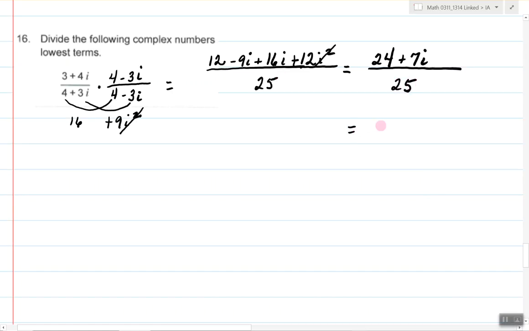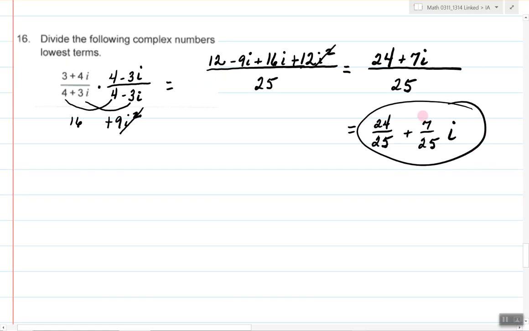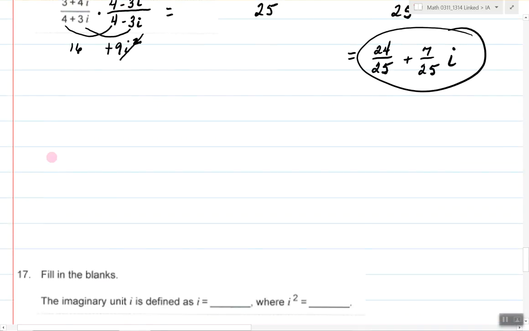My math lab would want this written as 24 over 25 plus 7 over 25i. And that's your final answer. You just want to take your time if you need to do FOIL as part of the problem.